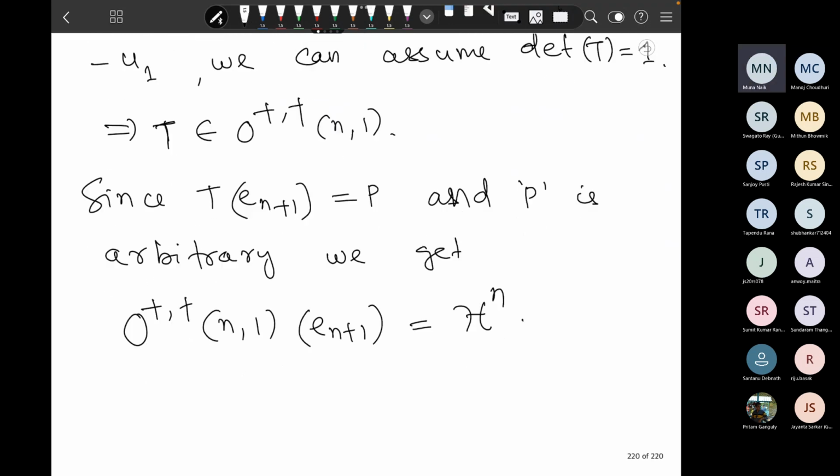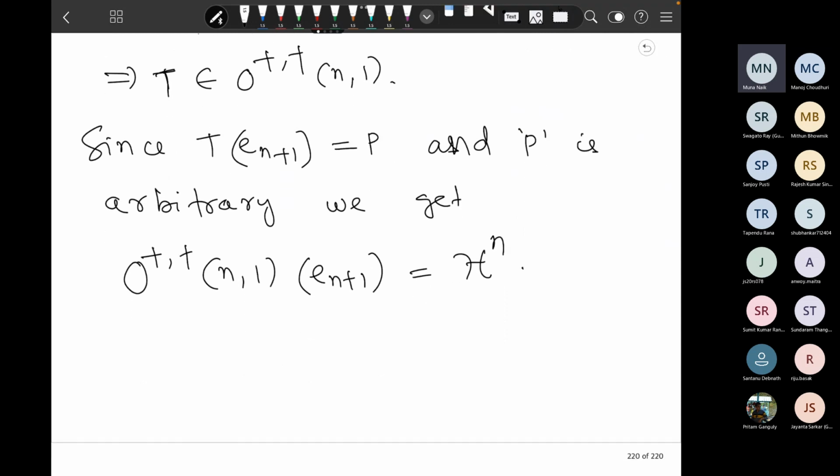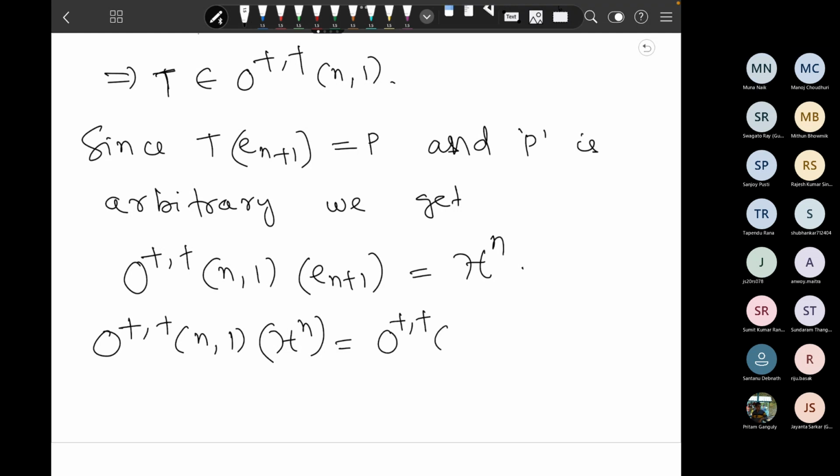So that means the whole Hn will lie inside the orbit of en+1. Now I look at O++(n,1) applied to Hn, and this is the same thing as O++(n,1) applied to O++(n,1) en+1.